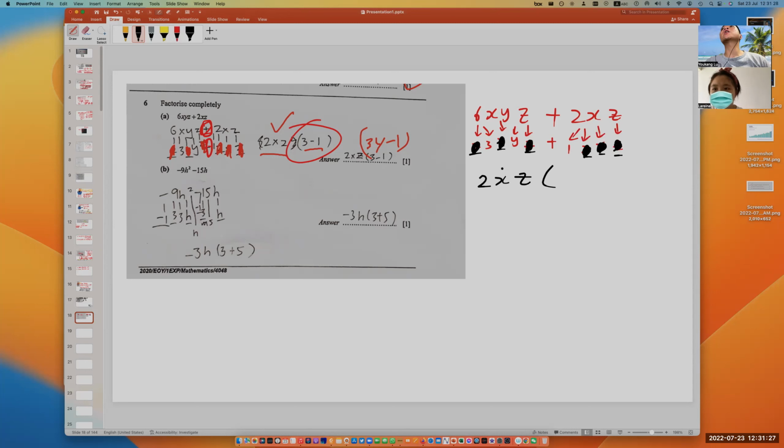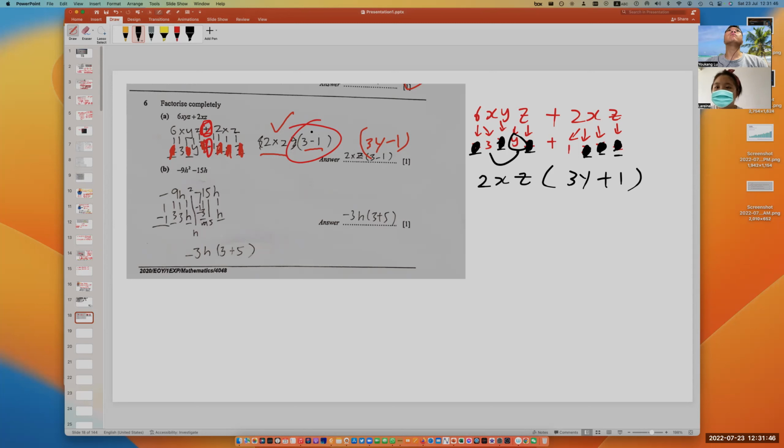So I can clearly see 3y left and plus 1. Simple. There is no way I can make a mistake. There is no way I will skip my y because clearly I still have the y.